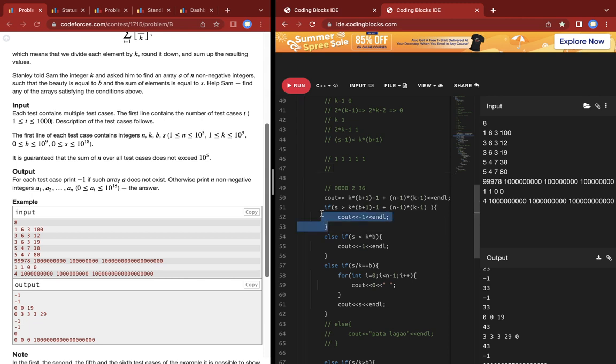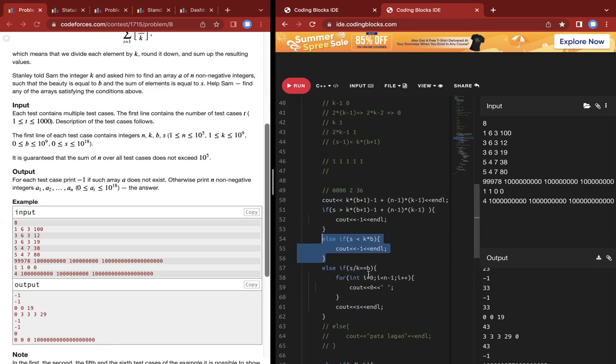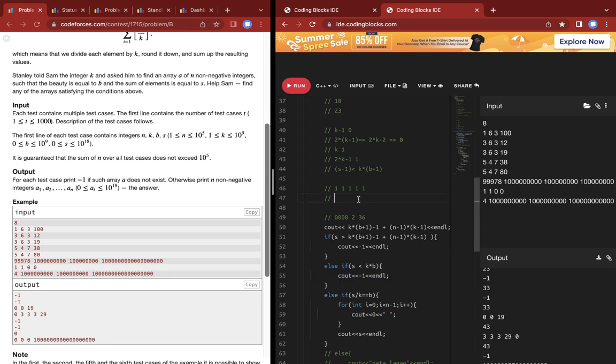I don't think we can go greater than this. So the only thing we need to check is, can we go smaller than this? Can we go smaller than this? No, we can't.